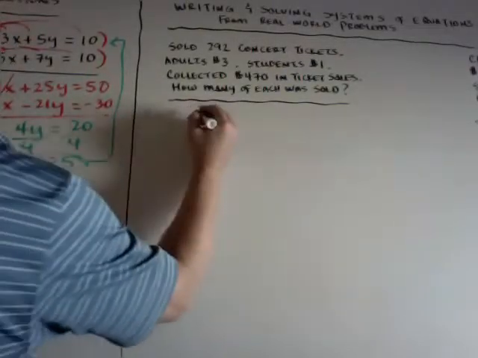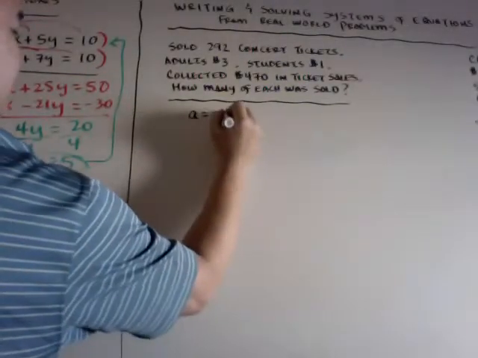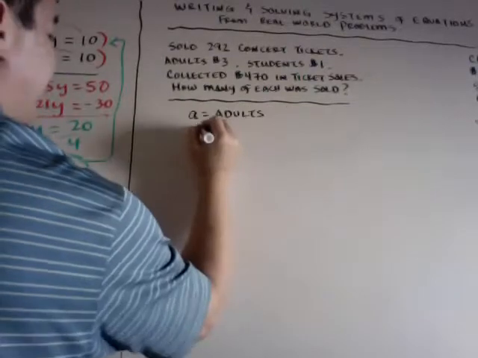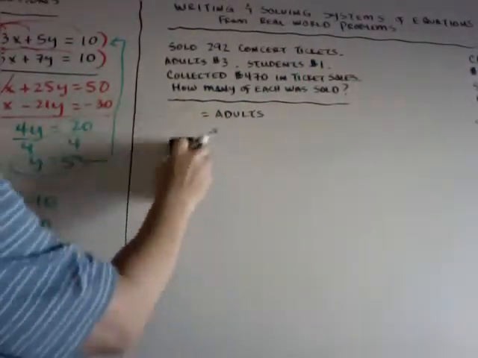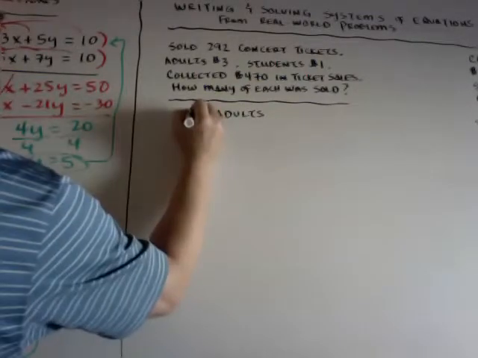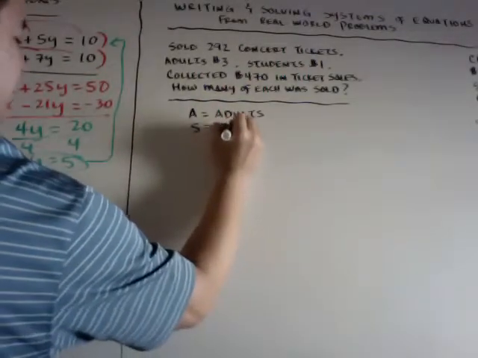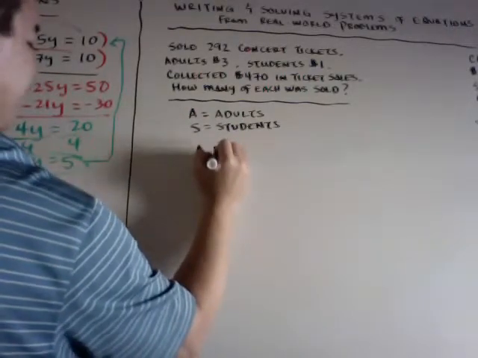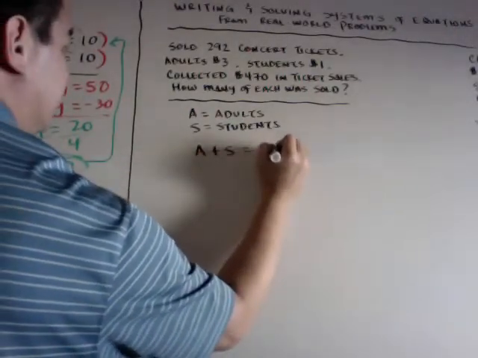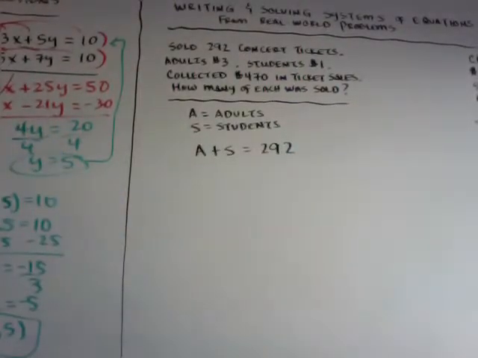So if we say A equals adults and S is equal to students, we're defining our variables. The first equation is just A plus S is equal to 292. That is just the total.